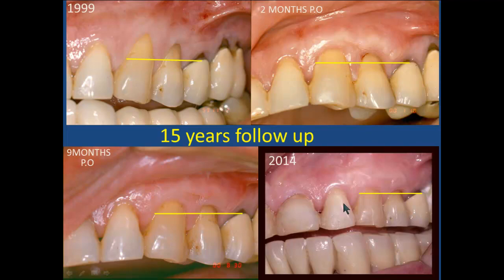After 15 years follow-up, you can see the gingival margin almost at the level of the CEJ, with full keratinization of the gingiva.